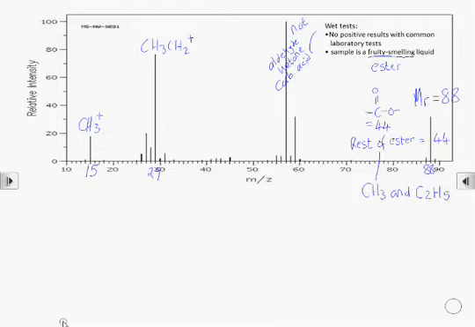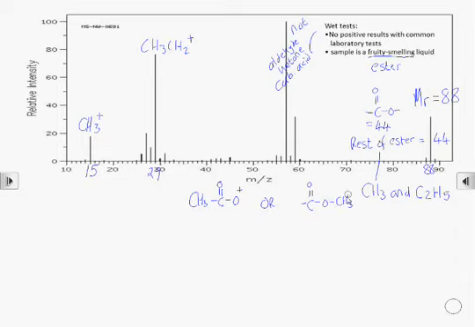We could combine the ester and the methyl, so that would be CH3COO. But we could also have the methyl group on the other side of the ester, so we might have C double bond O, O, CH3. That's the same atoms, so it's going to be the same mass.